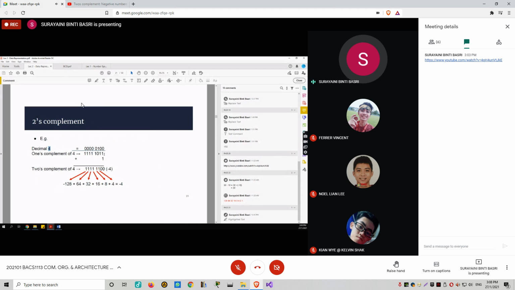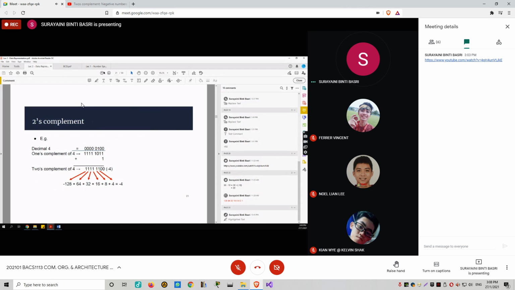But don't forget the one complement method, because the 2 complement uses the 1 complement method, which is to inverse each of the numbers here.